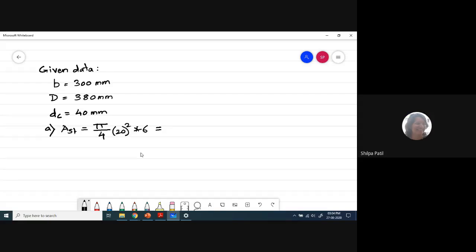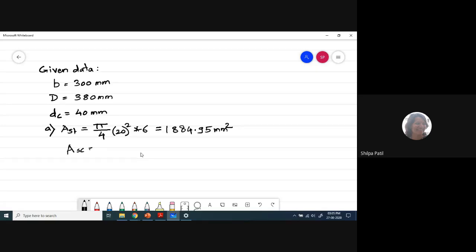Wait a minute, let me check the problem statement which I have given. Okay, it is correct, it is mm. AST is 1884.95 mm square.